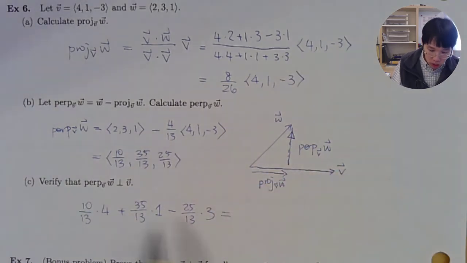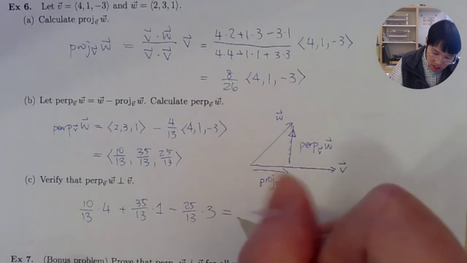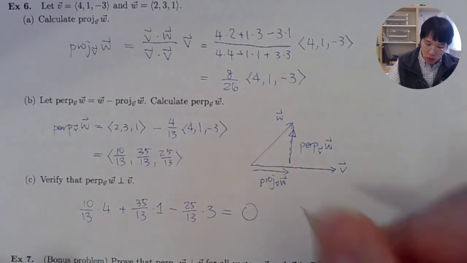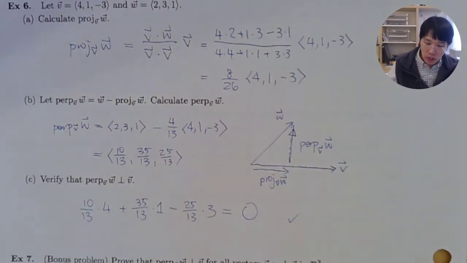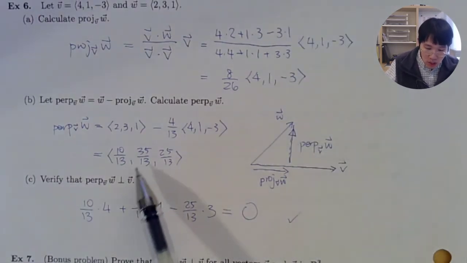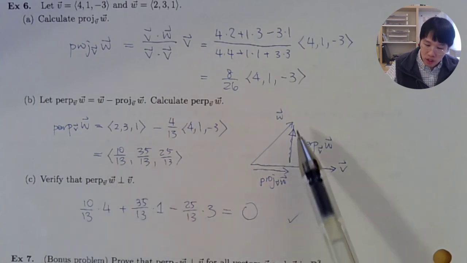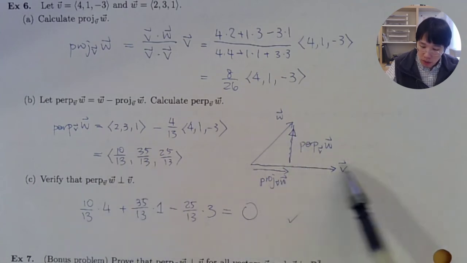So here we're taking a dot product of these two vectors. And that's 40, 75, 70. Yeah, that's exactly 0. So that's verified. What we have shown is these weird looking numbers actually give us a vector that is perpendicular to V.